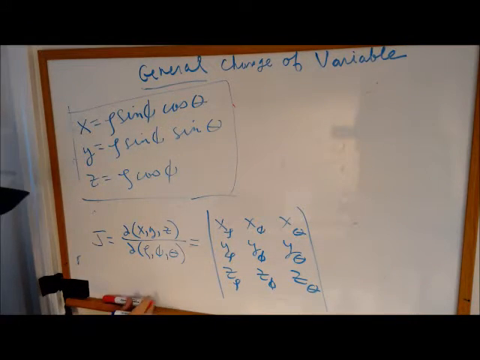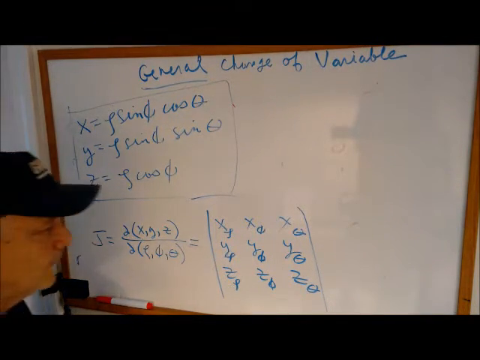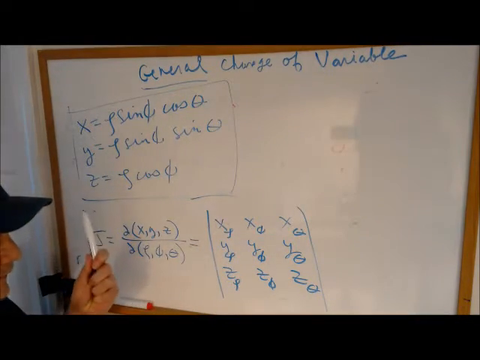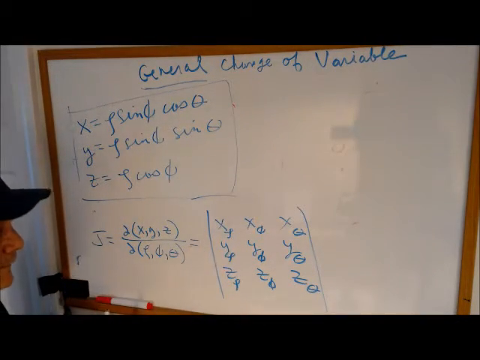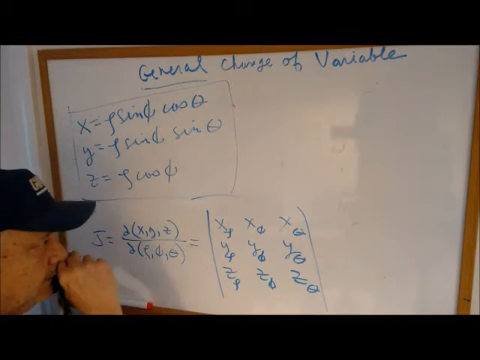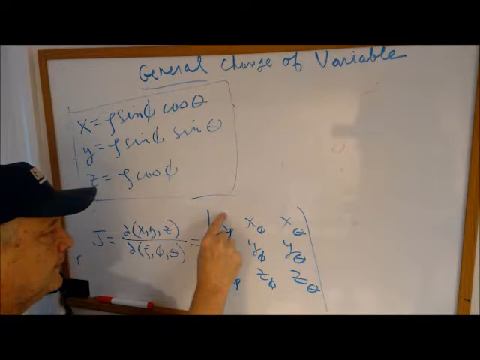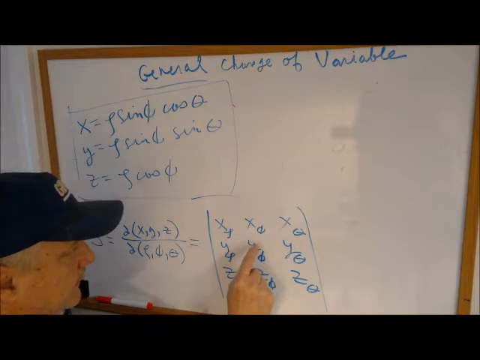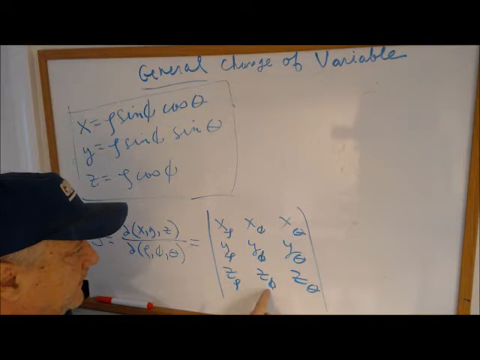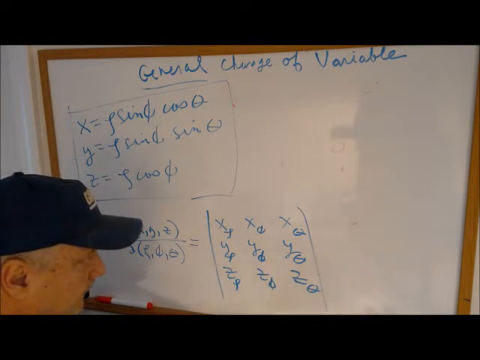And if you remember how to take the determinant, I'll assume you know how to do that because I'll assume you did cross products of vectors. It's this times this minus this times this, and so forth.